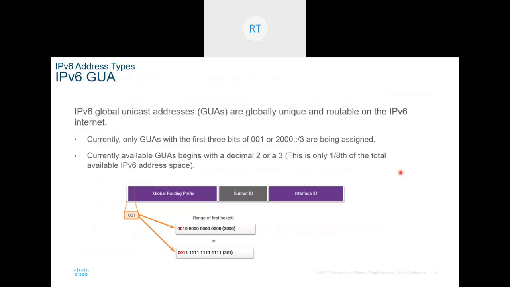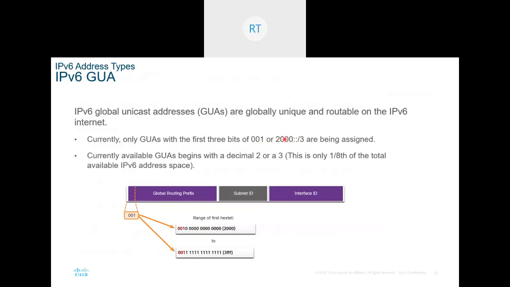Okay, so IP version 6 global unicast addresses. This is the global unicast address that's globally unique and routable on the IP version 6 internet. This is, like I told you, the equivalent of a public address. And currently only global unicast addresses with the first 3 bits of 001, or 2000::/3, are being assigned.